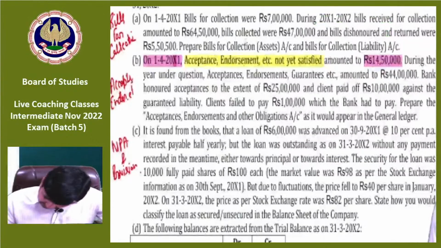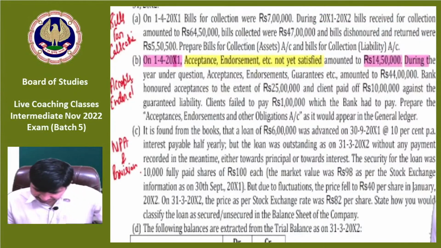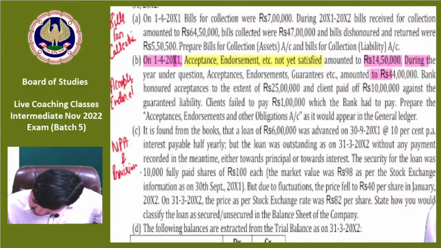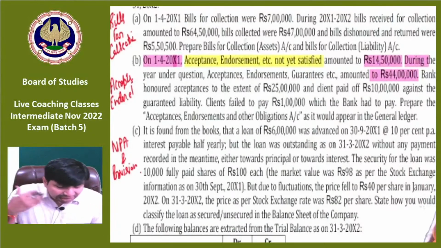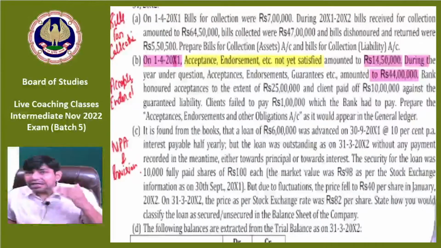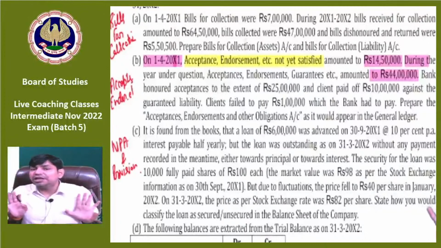And after that, during the year, under question, amounting to rupees 44 lakh, further guarantees were given by the bank. Further contingent liabilities increase, but those are not actual liabilities.